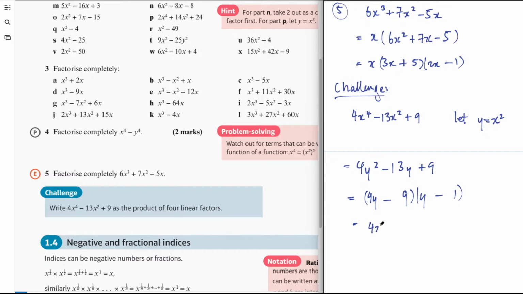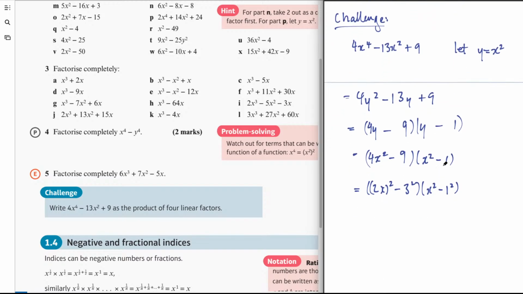So we have 4x squared take 9. Let's just write it like this first. And then let's write this as the difference of two squares. So 4x squared can be written as 2x all squared, take 3 squared, 9 is 3 squared, and then x squared take 1 squared.